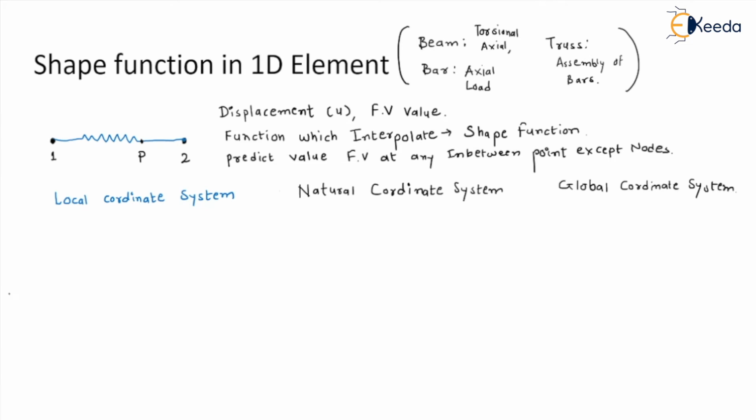So first let me give you an example of local coordinate system. Suppose we have a datum plane here and the element is like this.